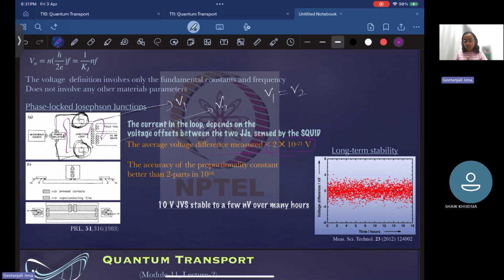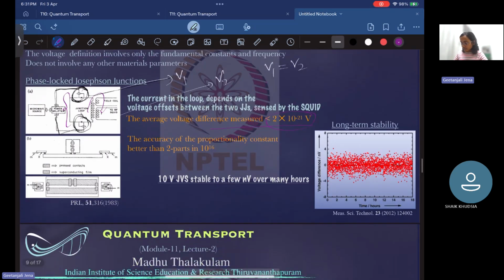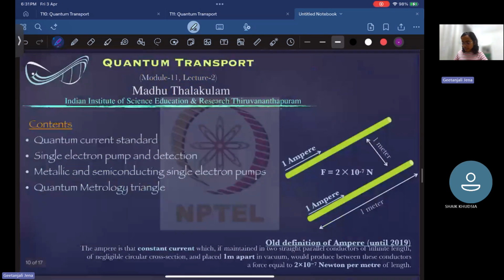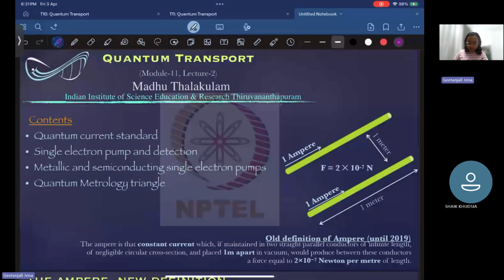Okay, so this is all about the resistance standard as well as the voltage standard. Now let us quickly see what the current standard is. So for resistance standard, we use the quantum Hall effect. For voltage standard, we use the Josephson effect, or to be accurate, the inverse AC Josephson effect.